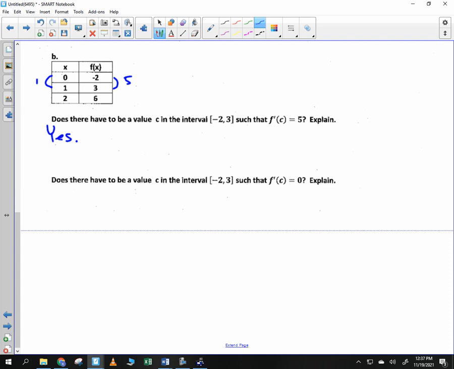And then we show that there's a slope of 5. So we do f of 1, which is 3, minus f of 0, which is -2. So remember, 3 minus -2 is 5. We'll do that in a second here. Over, what are the x values? 1 minus 0.